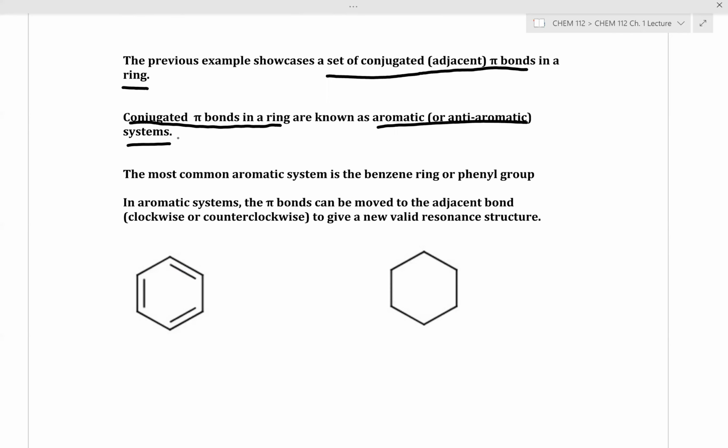The most common aromatic system that we see is the benzene ring or phenyl group. Now, there are many resonance structures we can draw for these aromatic systems, but the most common is pushing our pi bonds in a clockwise or counterclockwise direction to generate a new set of pi bonds.